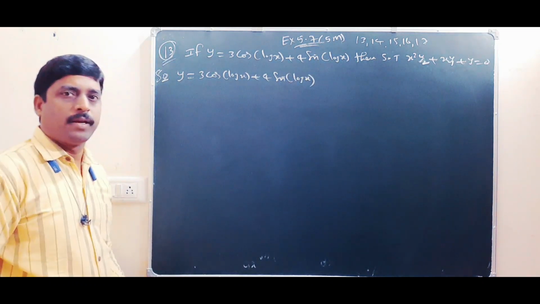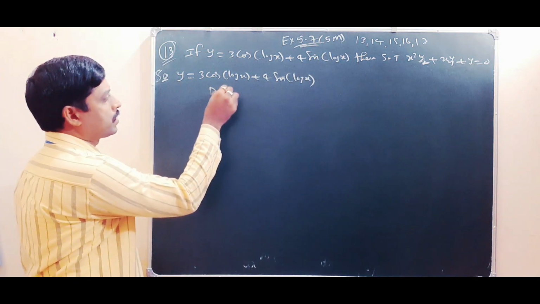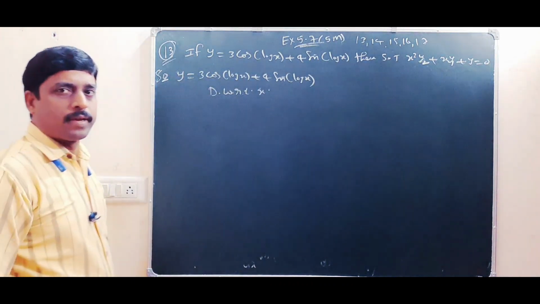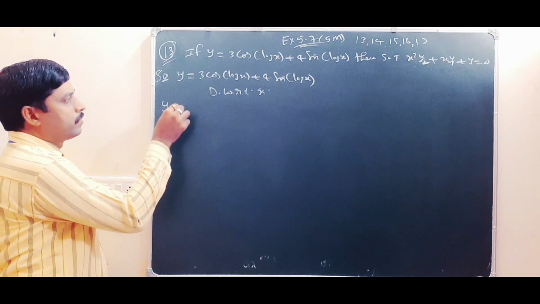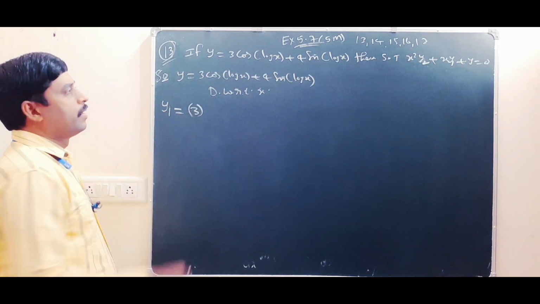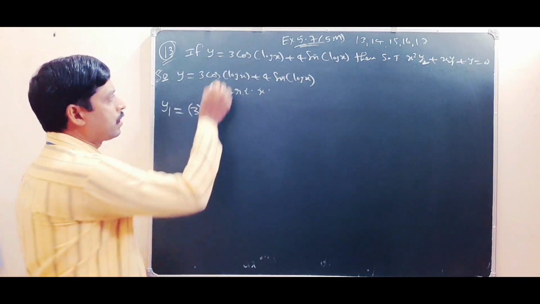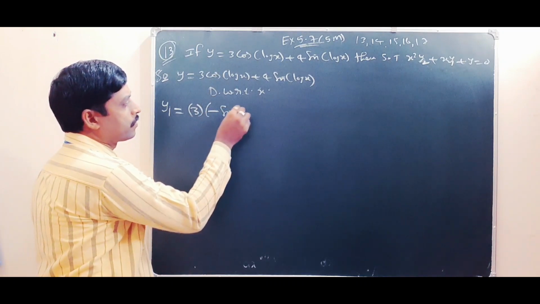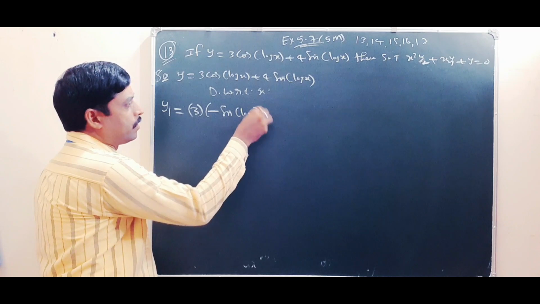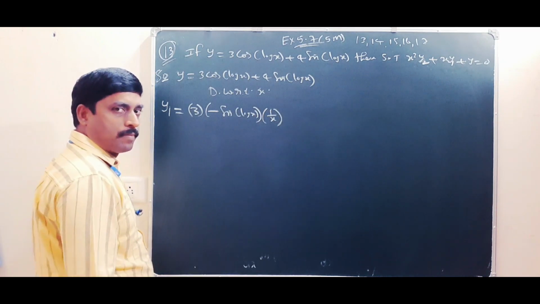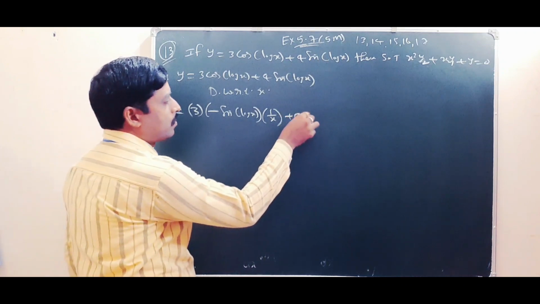First we have to find dy by dx. Now differentiate with respect to x on both sides. Differentiation of y gives y1. 3 is constant. Differentiation of cos log x is minus sin log x into differentiation of log x, which is 1 by x, by using the chain rule. 4 is constant.